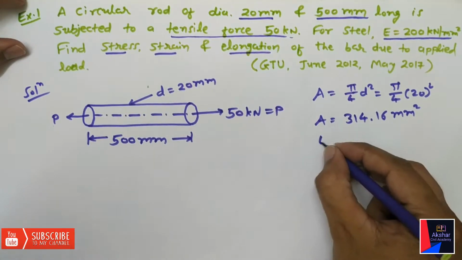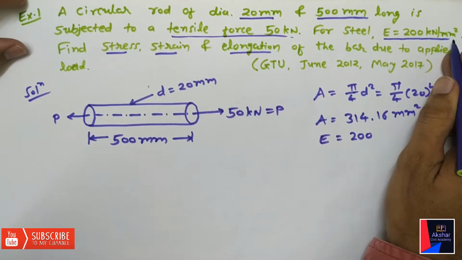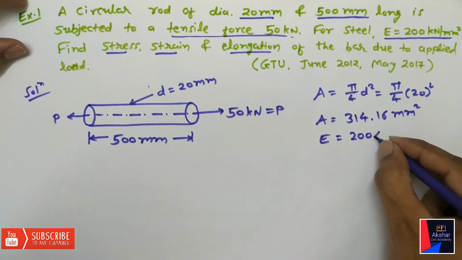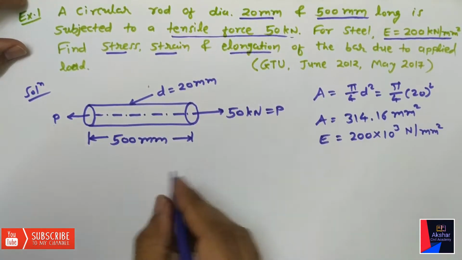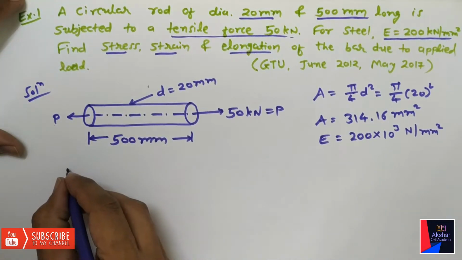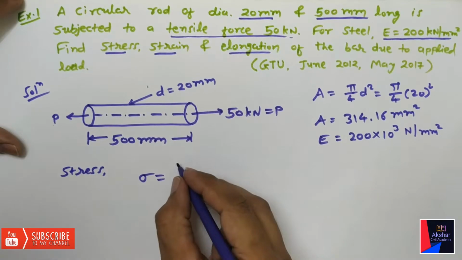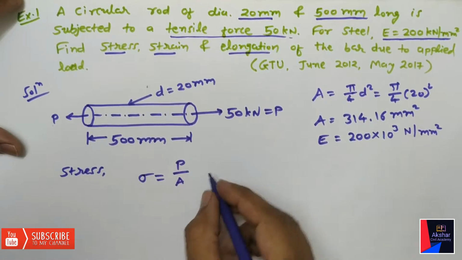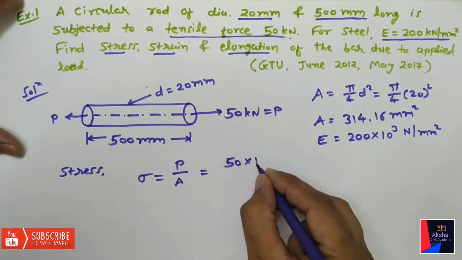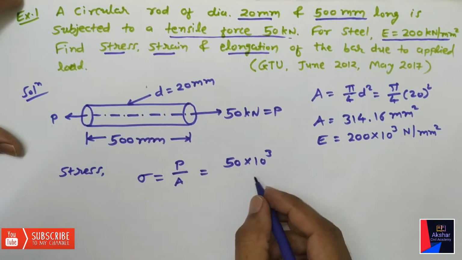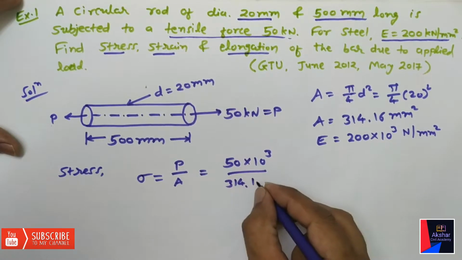Now the value of E is given as 200 kilonewton per mm square, so let us convert it into Newton: 200 into 10 raised to 3 Newton per mm square. Now we know the equation of stress. Stress sigma is equal to force upon area. The force is 50 kilonewton, so we convert to Newton: 50 into 10 raised to 3, and area of cross section is 314.16.